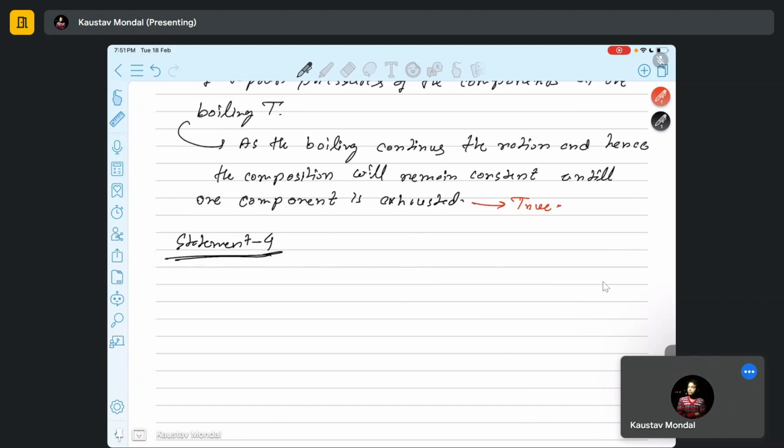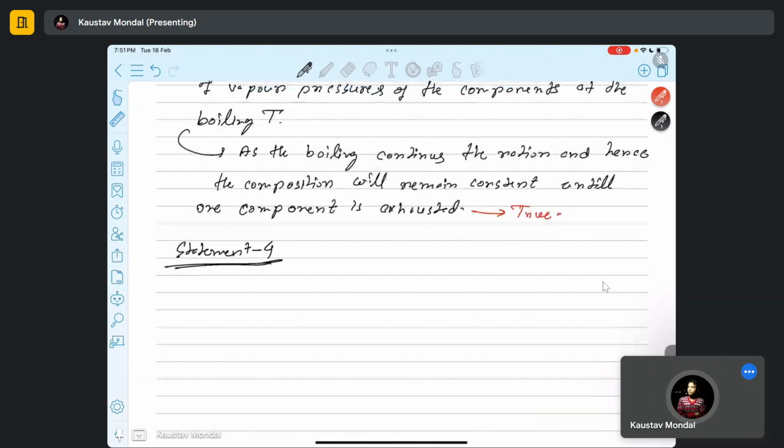But in statement 2, we have already discussed that at a boiling temperature of 100 degrees centigrade, the vapor pressure of water is only equated with the atmospheric pressure, right?